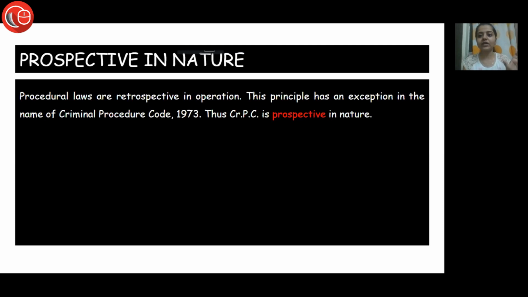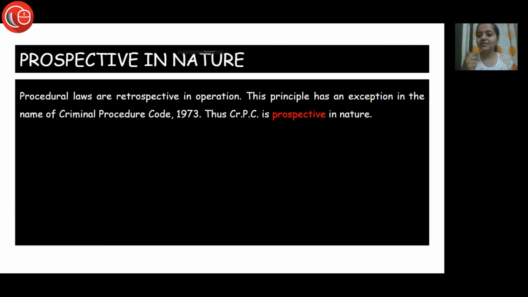But if a law is prospective in nature, then it will be applicable from the date of its enforcement. Procedural laws are retrospective in operation. This is a general rule. But similarly, all substantive laws are prospective in nature.